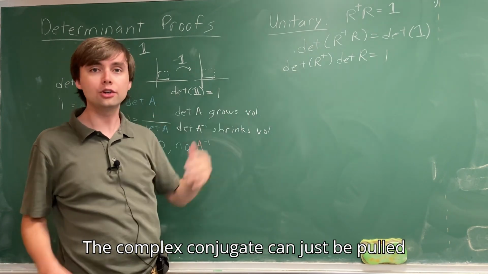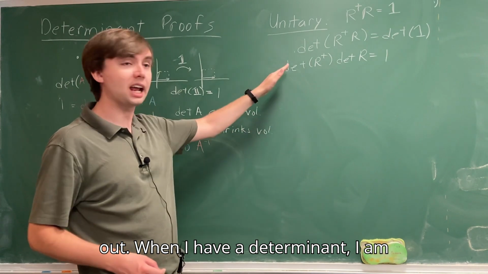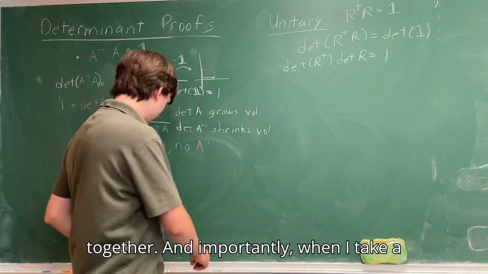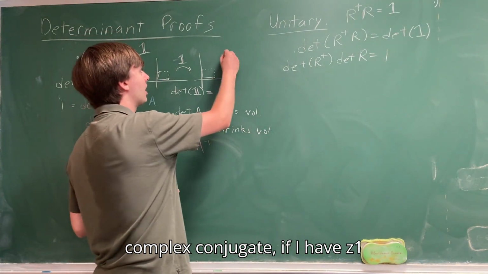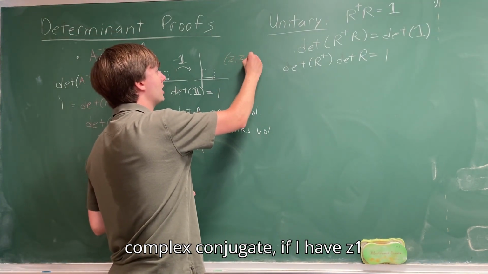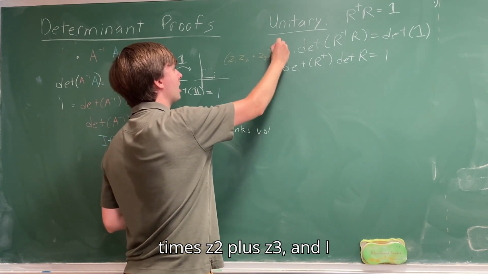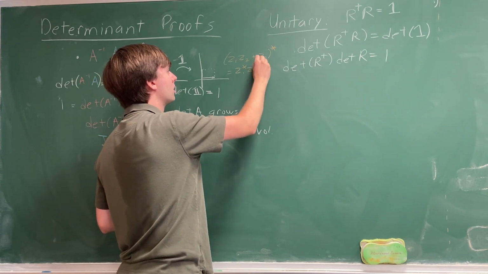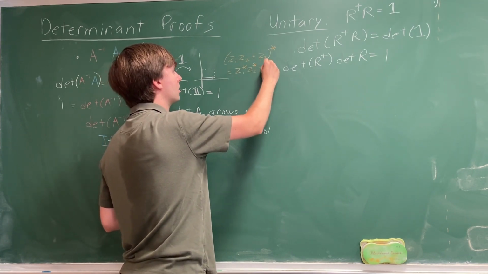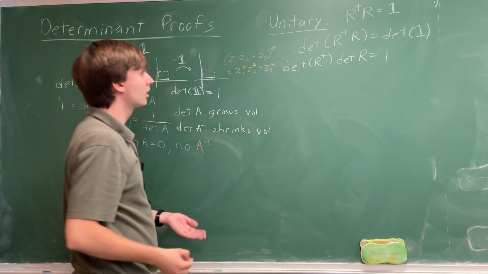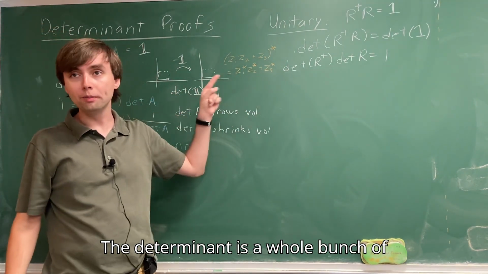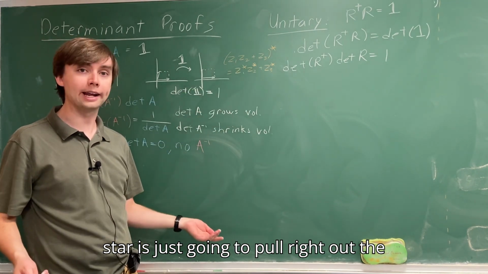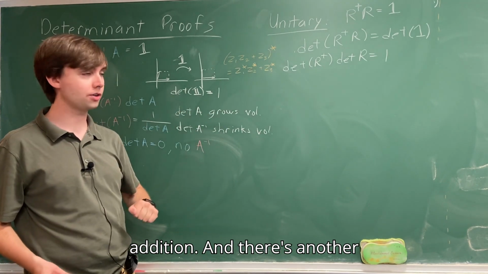The complex conjugate can just be pulled out. When I have a determinant, I am multiplying and adding a bunch of things together. And importantly, when I take a complex conjugate, if I have z1 times z2 plus z3, and I star all of that, the determinant is a whole bunch of multiplication and addition. So the star is just going to pull right out the same way it does for multiplication and addition.